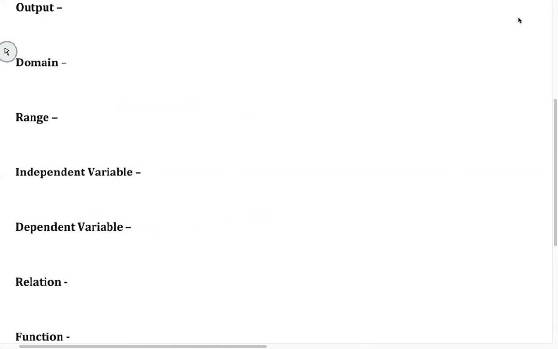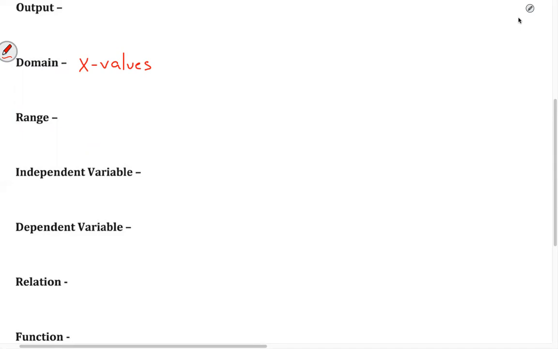Your domain is just another way of saying your X values. So again, input, domain, X values are all the same thing.